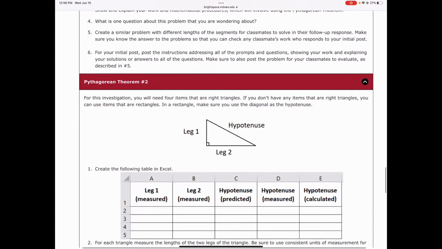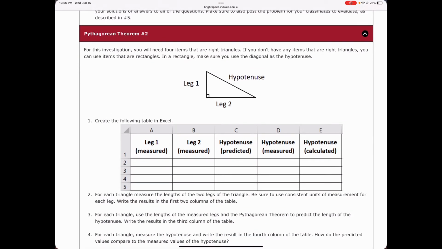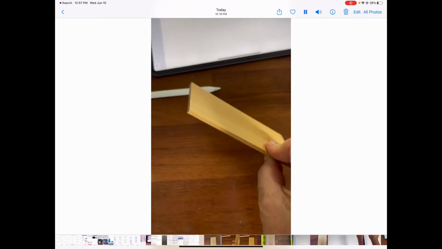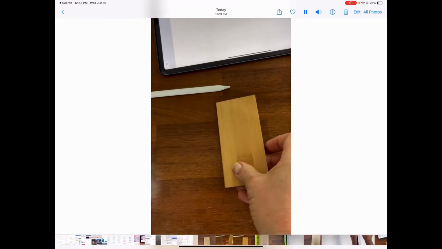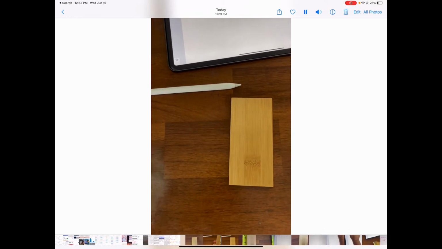If you choose to do 2, I went ahead and did an example for you, so let me show you. You use either a piece of rectangle or a triangle in your house. This is just a little door separator that I picked up in my house, and it's a rectangle, so I'm going to measure both legs.